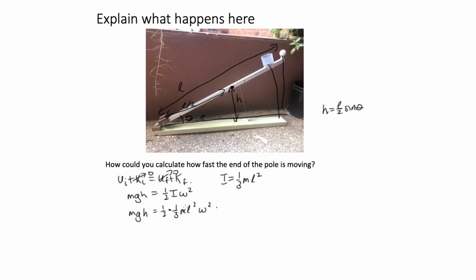So we can cancel out the m's, and then we'll put g times L over 2 sine theta is equal to a half times a third L squared omega squared.